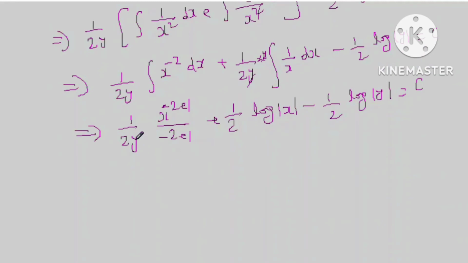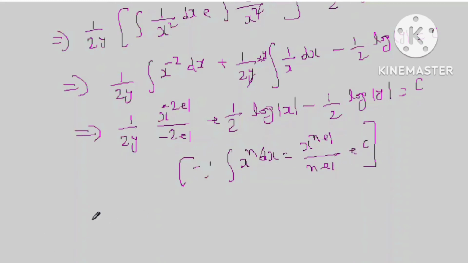So what is the formula that we have used for this integral? Integral x to the power of n dx is equal to x to the power of n plus 1 by n plus 1, plus c. This is the formula we have used here. So minus 2 plus 1 is minus 1, right?